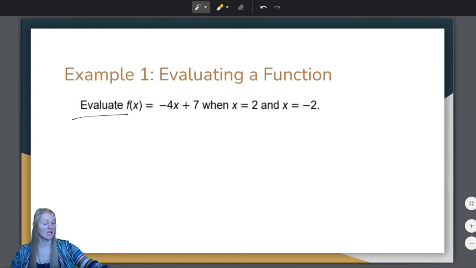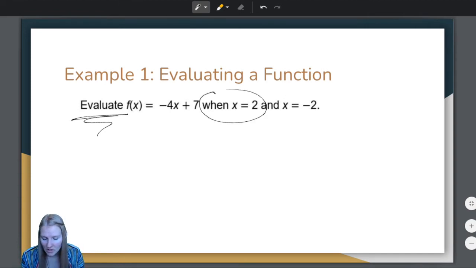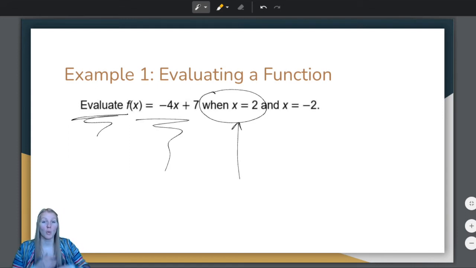If someone is evaluating me as a teacher, they're looking at things about me as a teacher. How do you teach? Is it effective? Things like that. When I evaluate a function, I'm saying, what happens when x is 2? What is the function when x is 2? What is the output when x is 2?